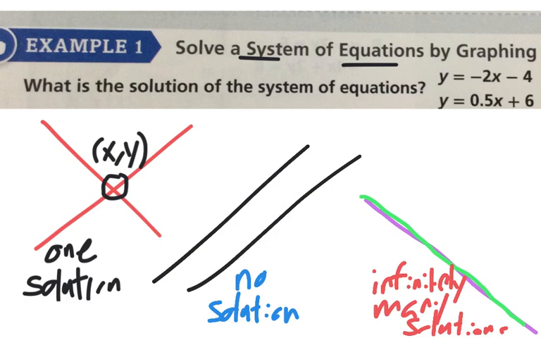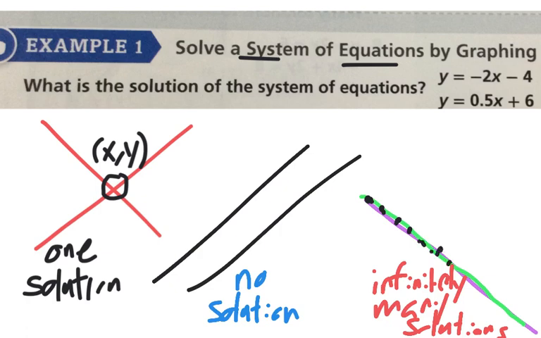Now, a lot of people get confused about infinitely many versus all real numbers, or they think everything's a solution. Infinitely many does not mean that everything's an answer, because what are the answers? The points where they cross. So that means this is an answer, and this point's an answer, and this point, and this point, and this point.